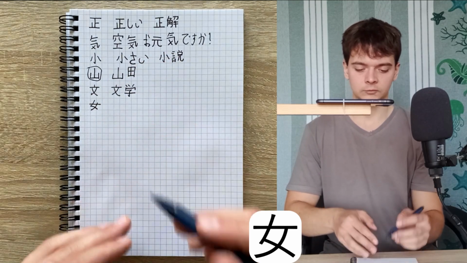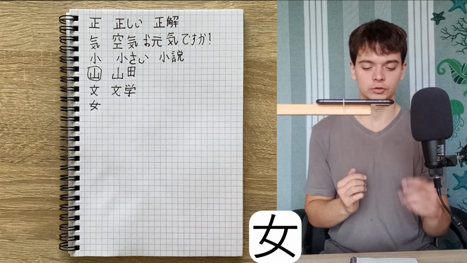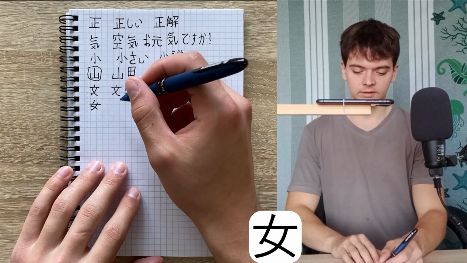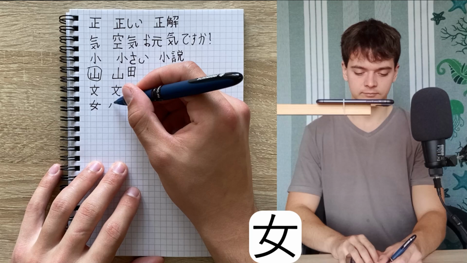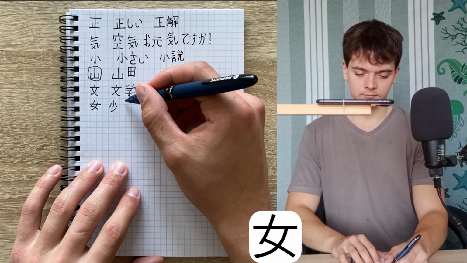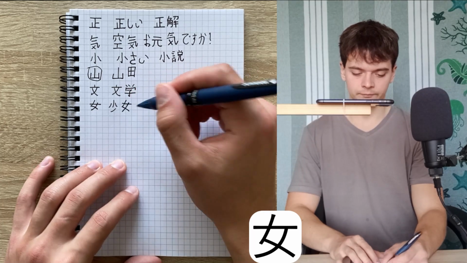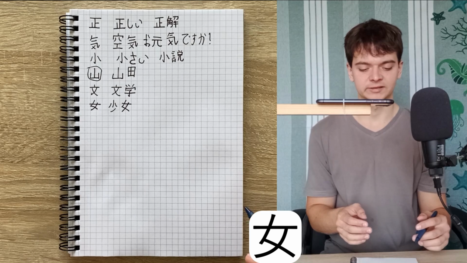Onna. Onna is woman, but it can have the reading of jo. For example, in the word shoujo. Shoujo, which means girl.